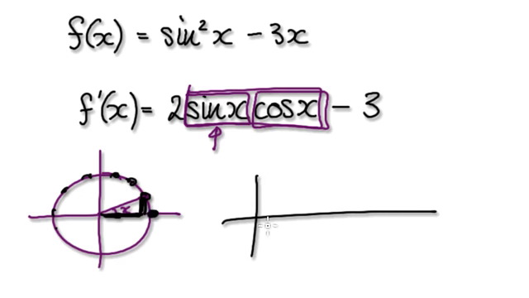When the angle is 0, you will have a height of 0, but the across is 1. So 0 times 1.